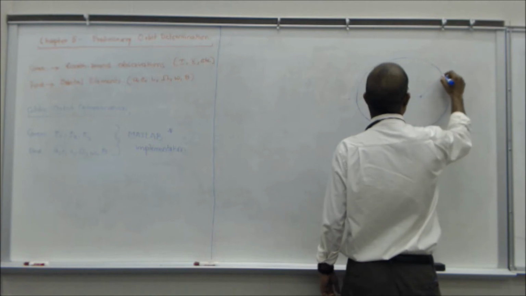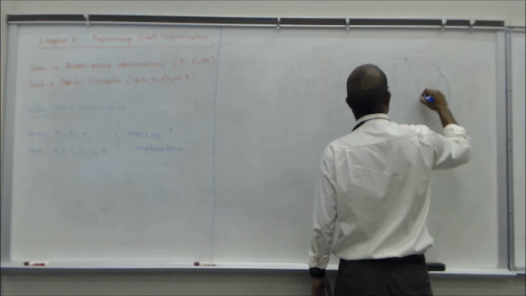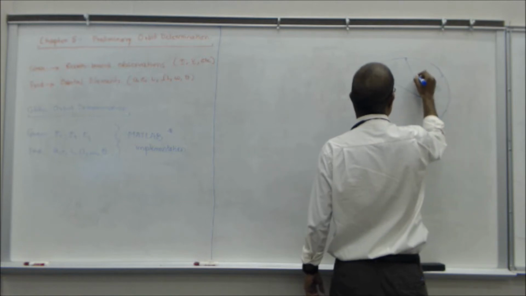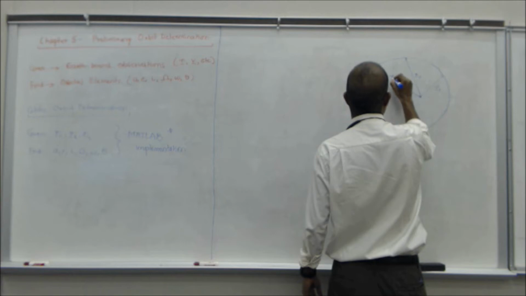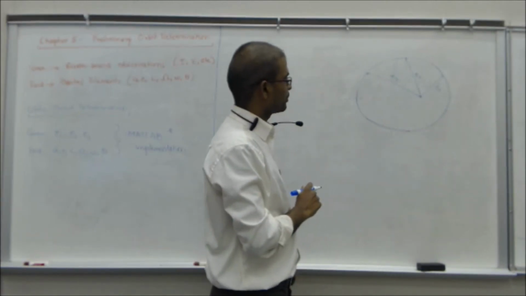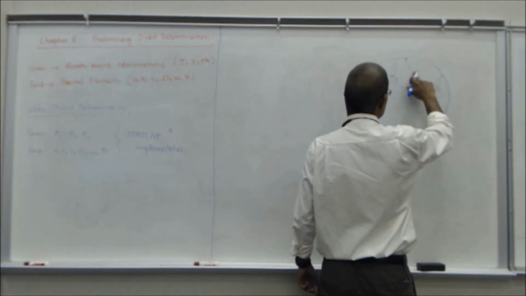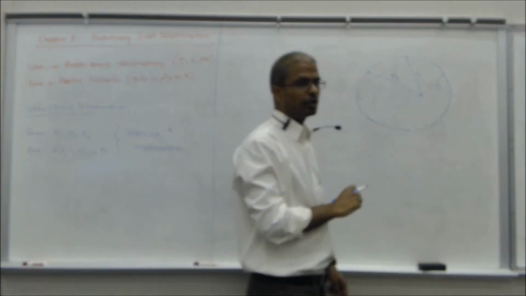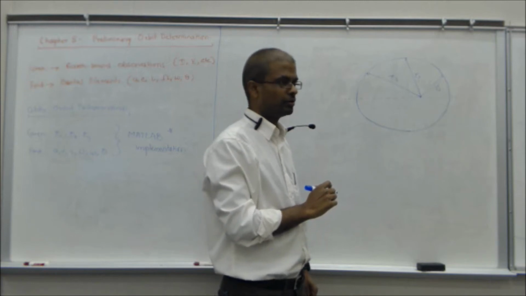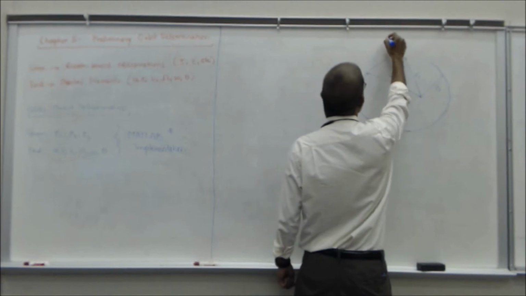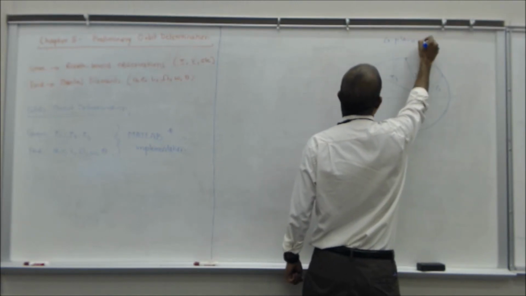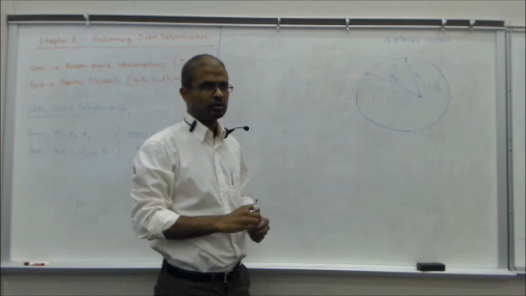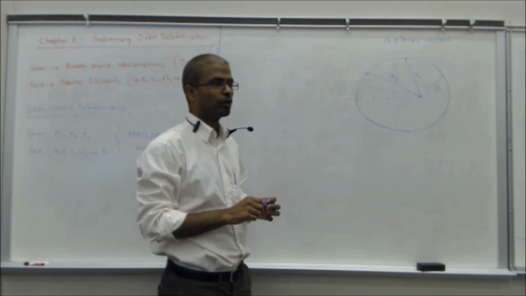What is special about these position vectors? The word you're looking at is coplanar vectors, right? What do you mean by coplanar vectors?